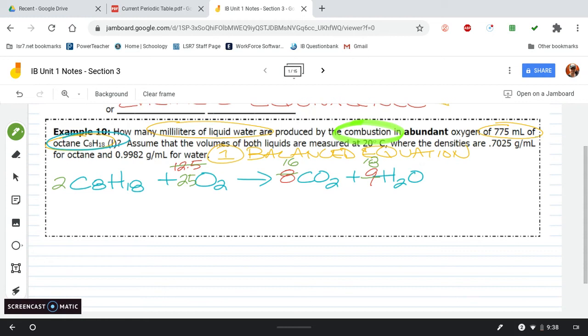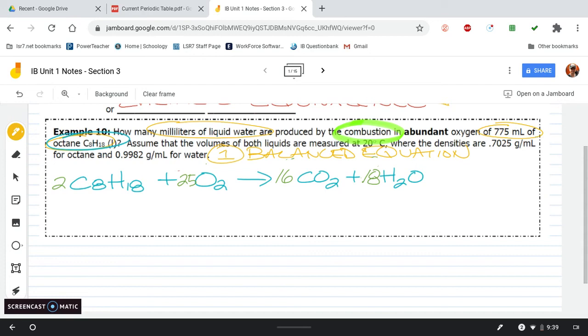It's going to be 2, 25, 16, and 18. I can clean that up a little bit. I'll put the 18 in there, put the 16 in there, and then we've got our 25. There we go. All right, so you've got your balanced equation, step 1, awesome.